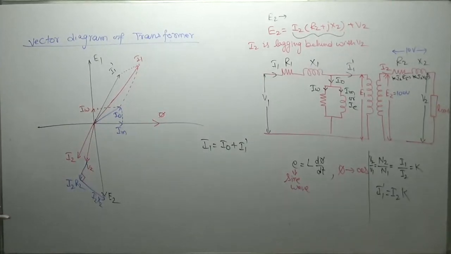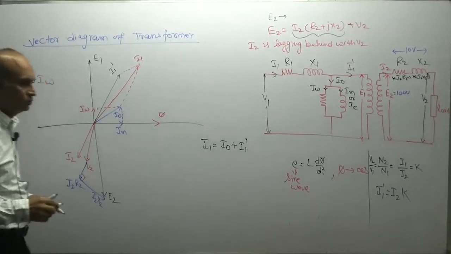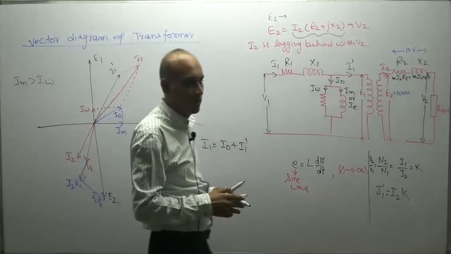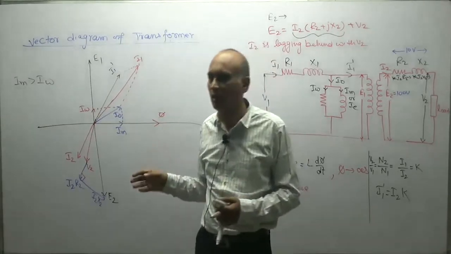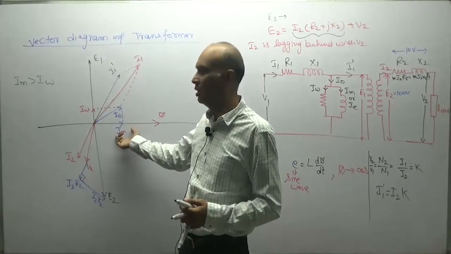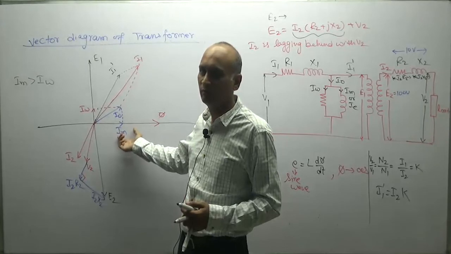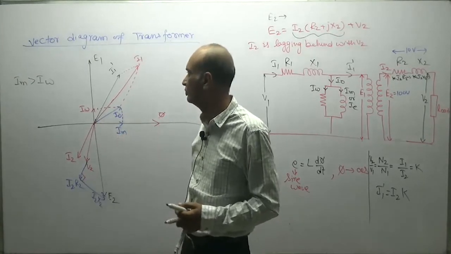I have told you that Im is greater than Iw. Magnetizing component is greater than what component? That's why no load current is deviated towards magnetizing component.